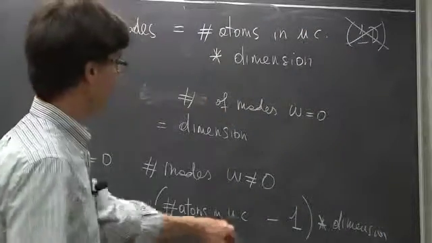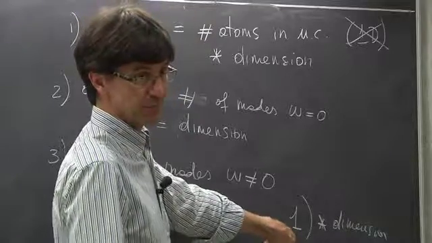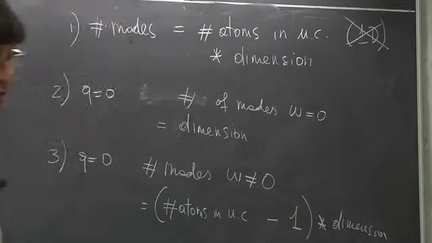Right? Because it's the number of atoms in the unit cell times the dimension, minus the modes at 0 frequency, which is the dimension. Okay? So it's n minus 1 times the dimension of the problem.